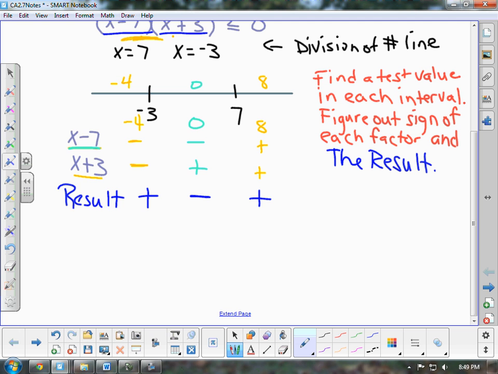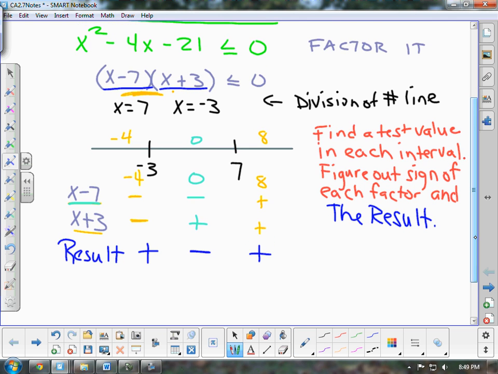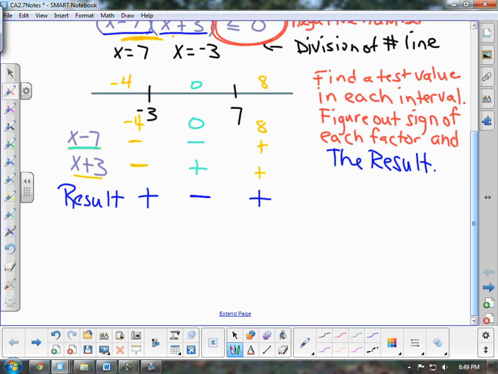So now we are going to use these results to determine which intervals we need for our answer. Because this is less than 0, anything that is less than 0 is a negative number. So we look at our results and which results are negative.